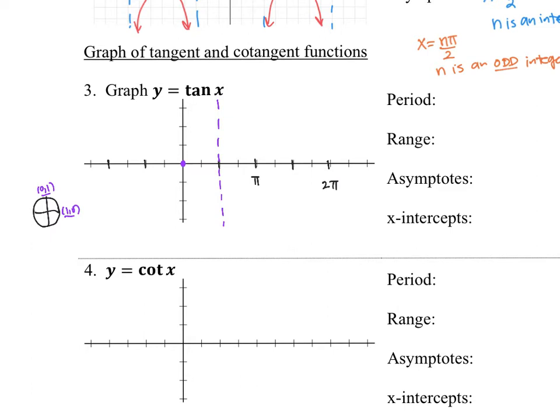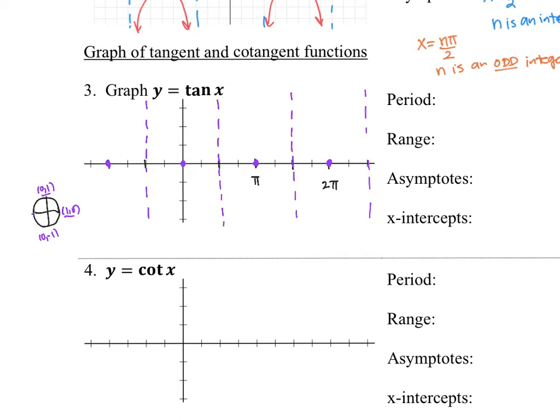Now I'm going to go to pi. 0 divided by -1 is back to 0. Down here, what is that? 0, -1. -1 divided by 0 is undefined again. And then I'm going to end up back at 2 pi. So I can see the pattern of asymptote, 0, asymptote, 0. And I can space it out just by hitting the 4 corners.